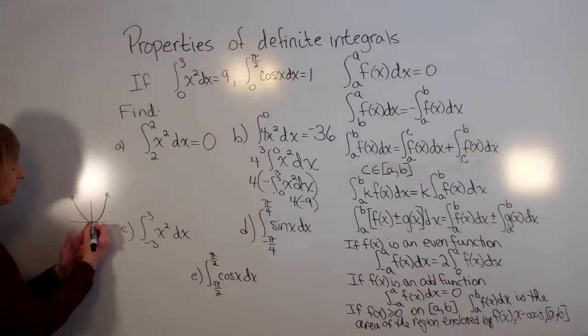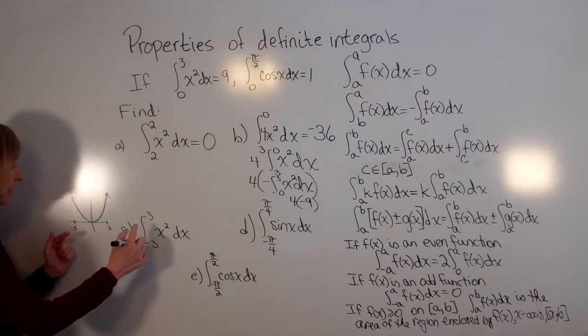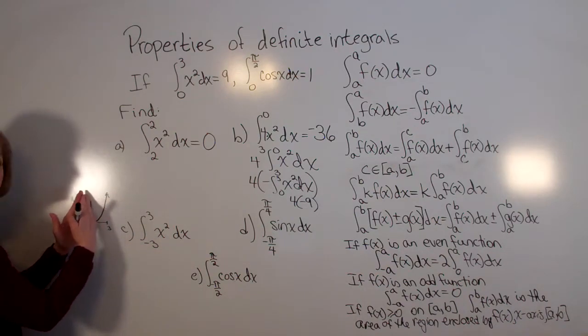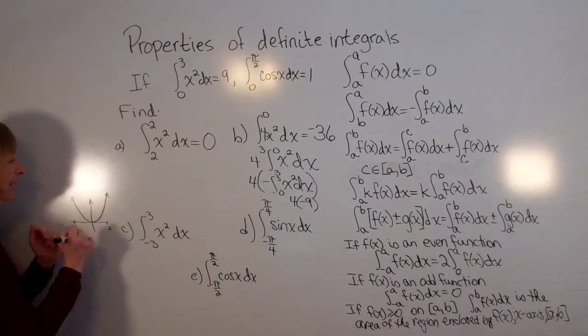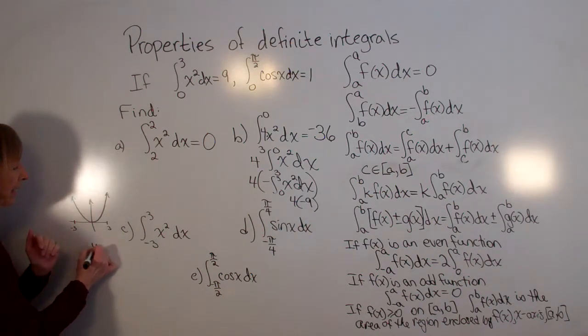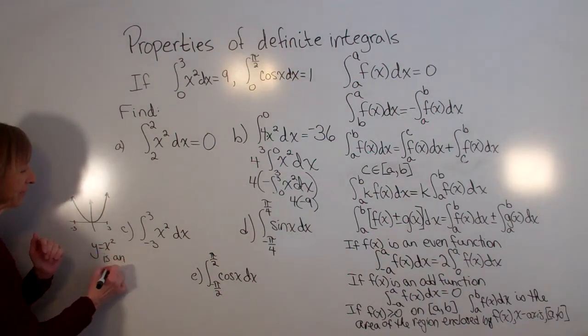And over the span from -3 to 3, I'm left as much as I am right on my interval. And this function is symmetric with respect to the y-axis. My y equals x squared is an even function.